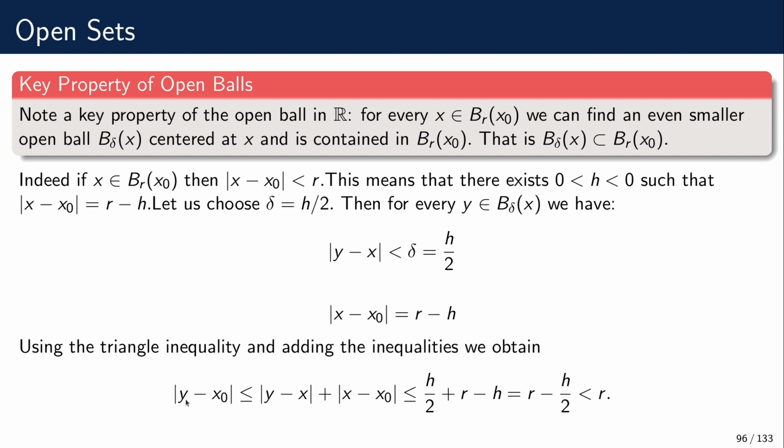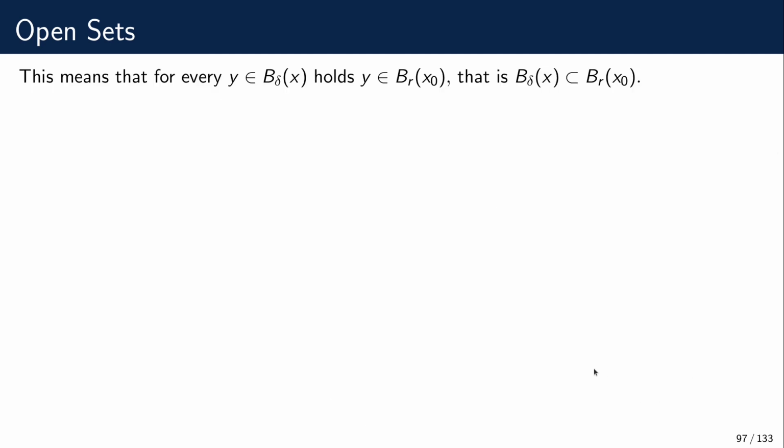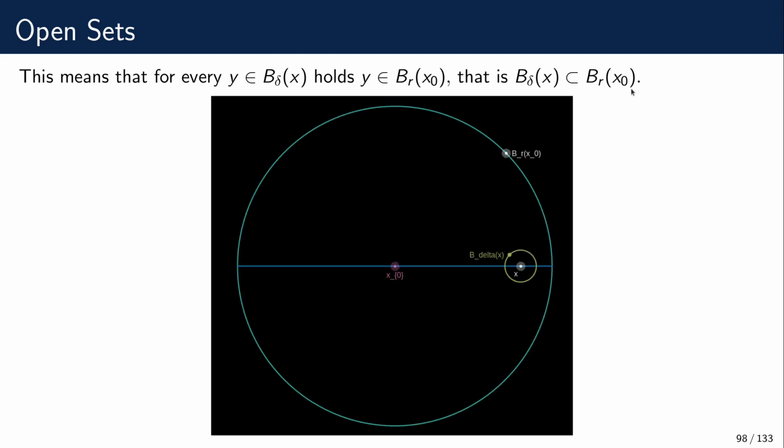So what we have proved is that for every point whose distance from x is smaller than delta, which is h over 2, its distance from x0 is still smaller than r. And this means that this ball of radius delta around x, or an open interval with radius delta around x, is contained in this ball of radius r around x0.